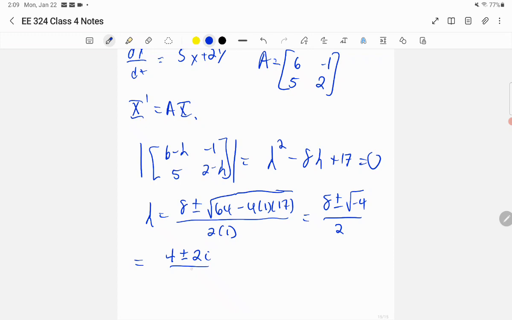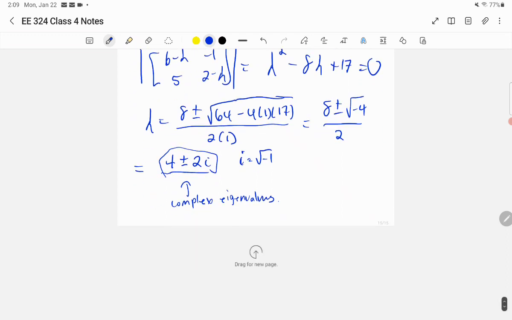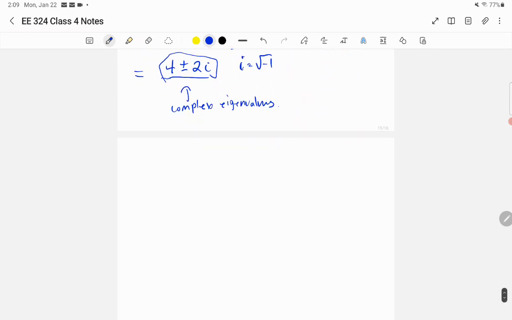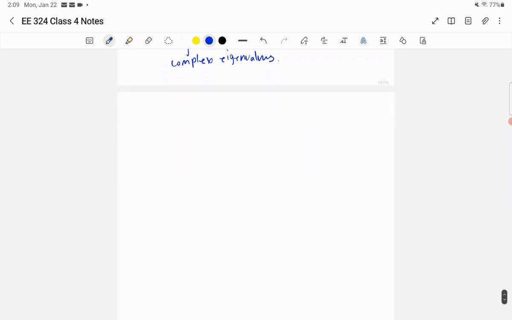This is my answer for my lambdas, where i is of course the square root of negative 1, so it's an imaginary number. Now we have complex eigenvalues. Notice that we got a complex conjugate pair, and I told you earlier on that we would find something like that.